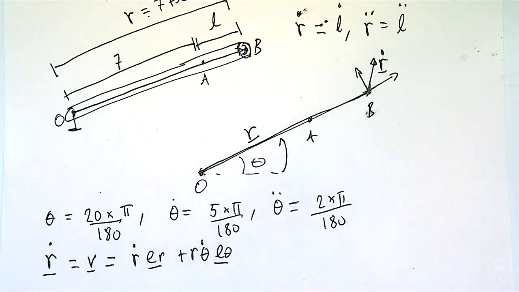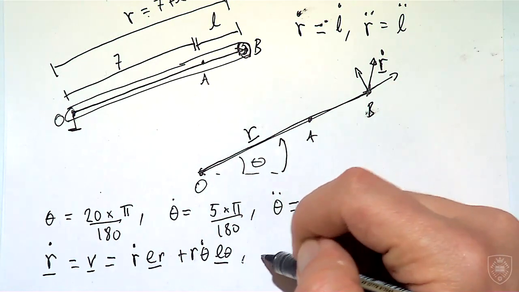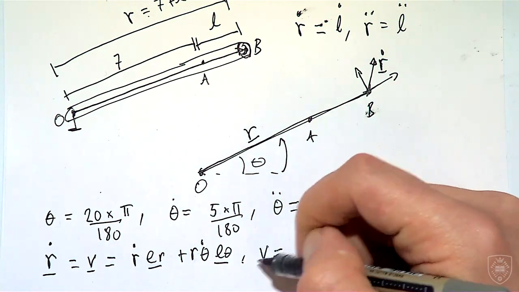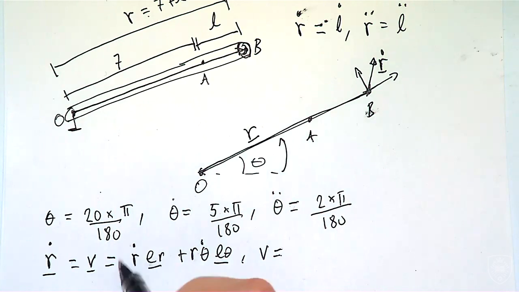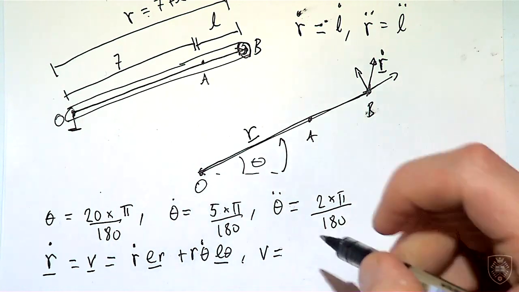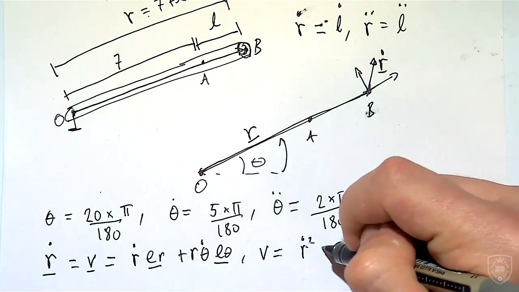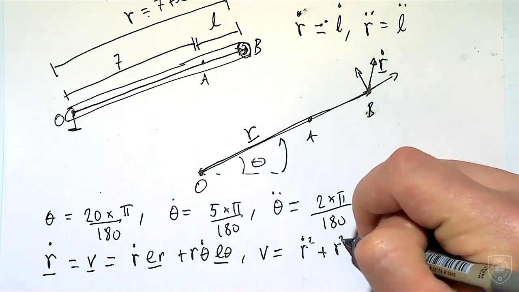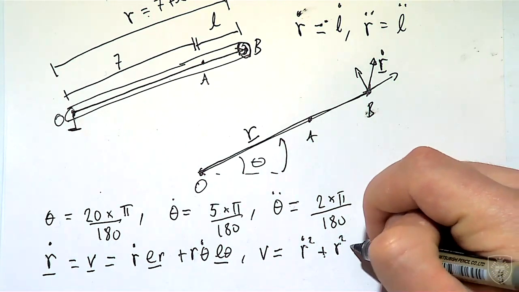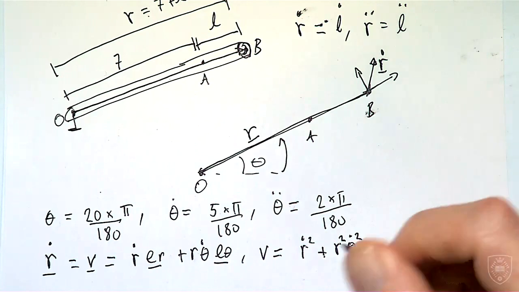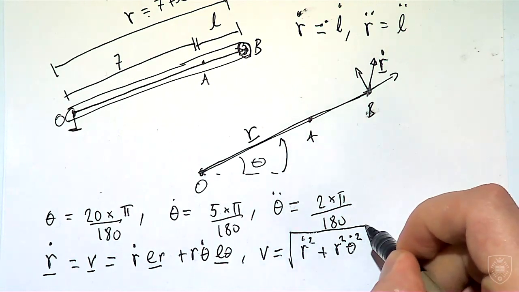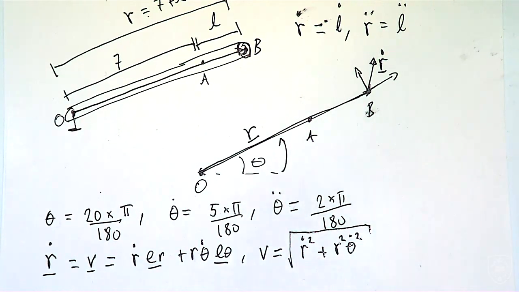And that means that the total velocity, the magnitude of the velocity vector, is the square root of these components squared and summed together, isn't it? Okay, so that's the velocity vector.